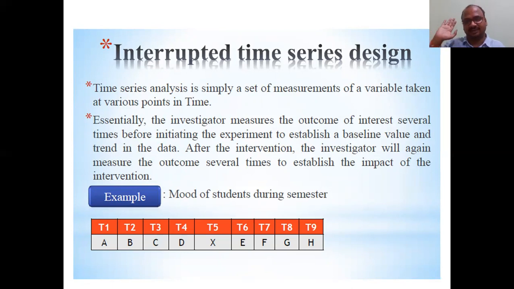That was the example. See here, table 1, table 2, table 3, 4, 5, like that. And here I gave the X, an interruption at some time. I observed the first 4 days, I gave a break on the 5th day, and the 6th, 7th, 8th, 9th, I observed. That's it.